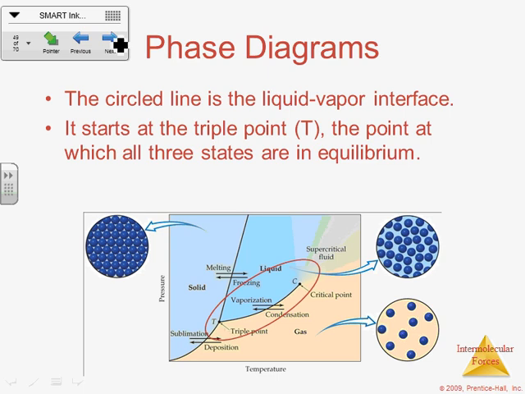This line right here, the line that's being circled, is the liquid-vapor interface. So what's happening here, on this line, is you've got equilibrium between a liquid and a gas, okay?